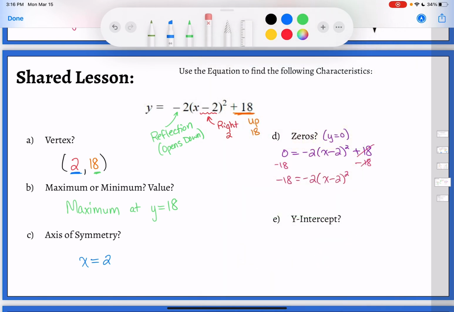All right, I'm going to divide both sides by -2 because my squared term is not alone yet. So I will get positive 9 equals (x - 2)². Now I have my squared by itself, so I can square root both sides. Squared and square root cancel. So I get x - 2 equals 3 or -3. Don't forget about your plus or minus here.